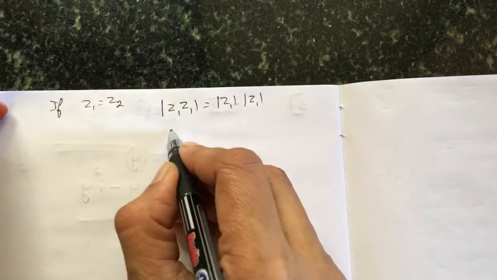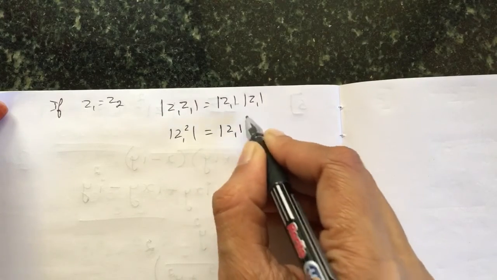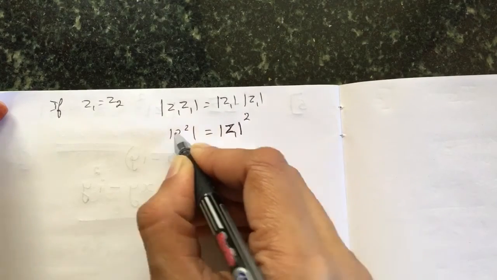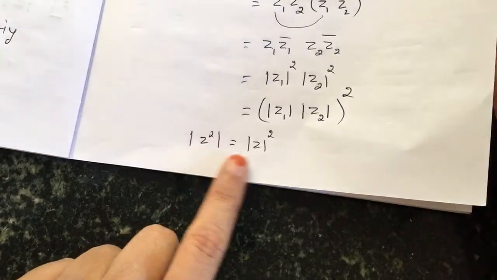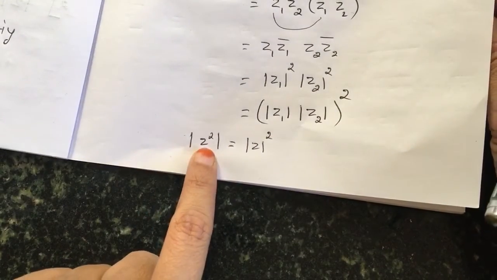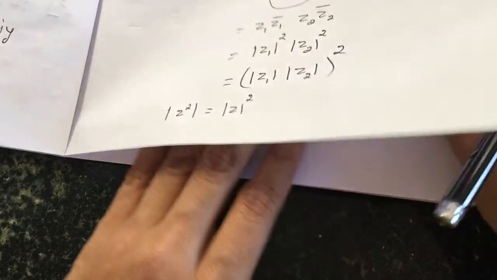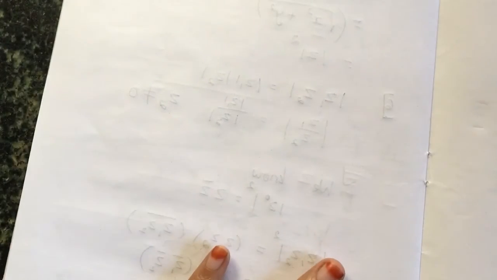Then this is nothing but mod z1 square equal to mod z1 whole square. That's what I'm saying. Mod z square equal to mod z whole square. Mod of z square is same as mod z square. Similarly, mod of z cube is same as mod z cube. So now we'll go for a problem.